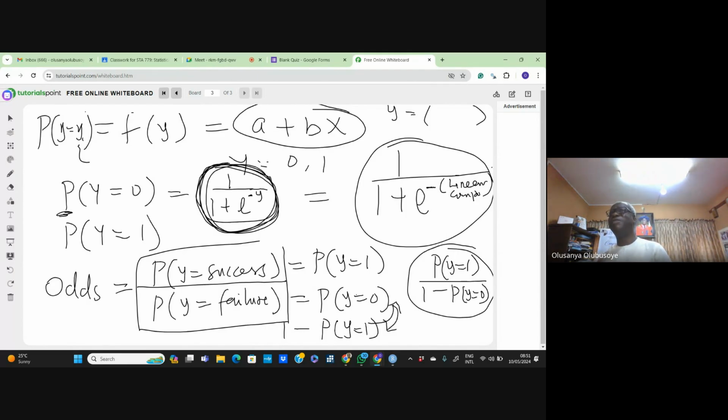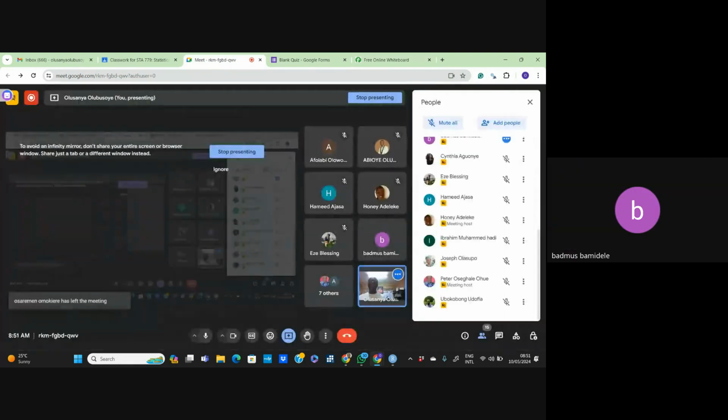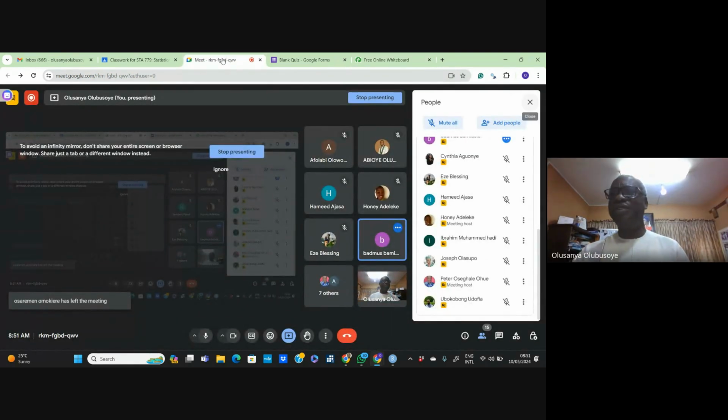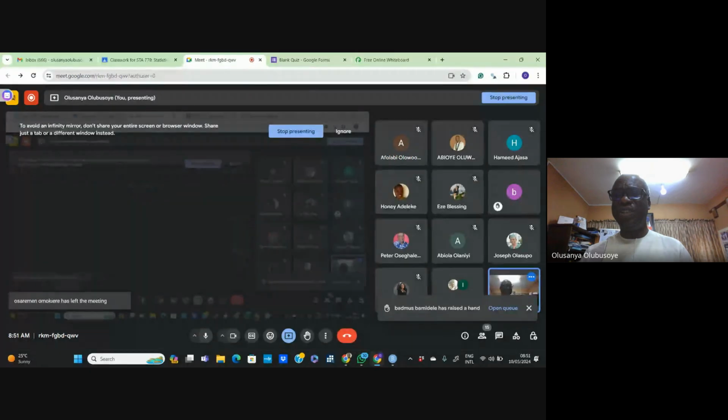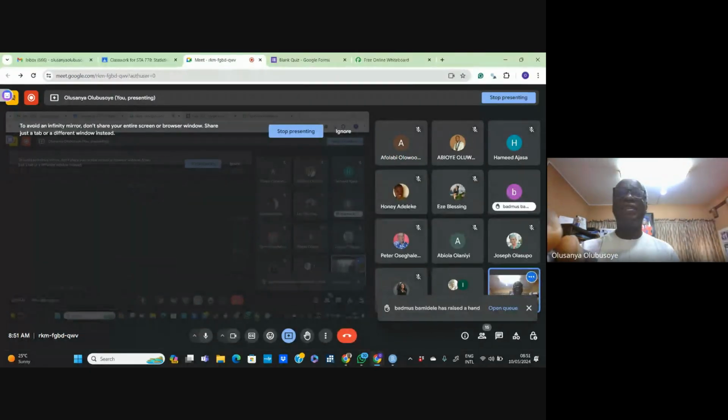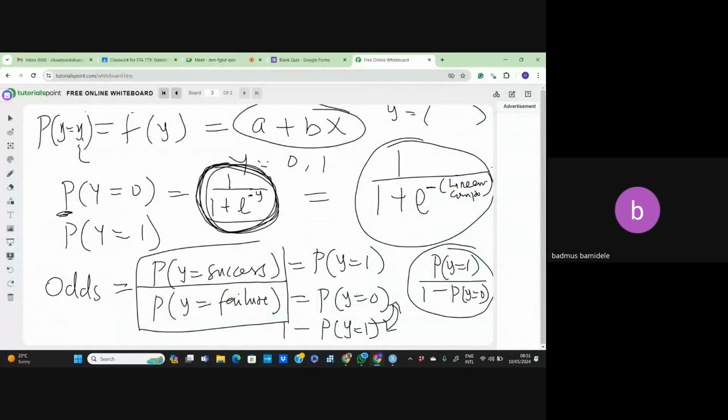So what if I ask, what are the odds that it will rain today? Yes, Badmus. The odds that it rains today is the probability that there will be rain today over the probability that there won't be rain today.